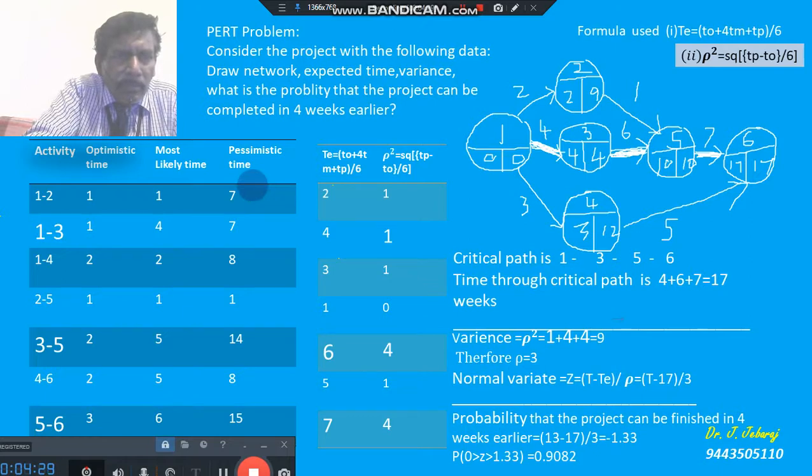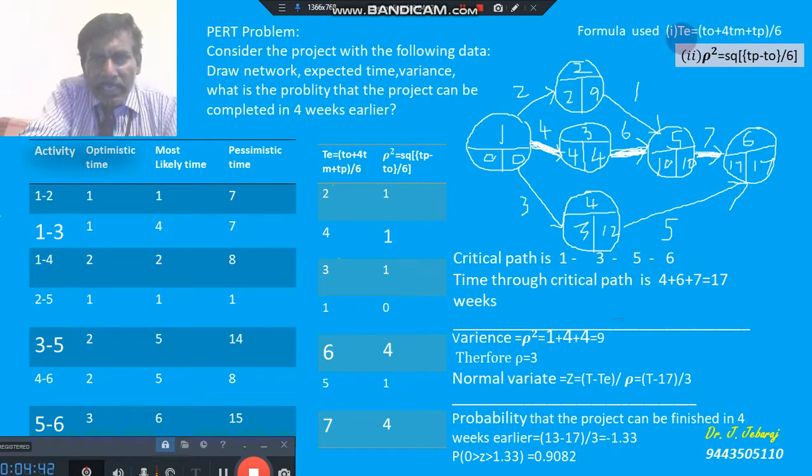Okay, so these 3 time estimates can be brought to a single time estimate by using a formula. This is the formula we have to use. Expected time is equal to the optimistic time plus 4 times the most likely time plus the pessimistic time, divided by 6. So we have to add all of them and divide by 6.